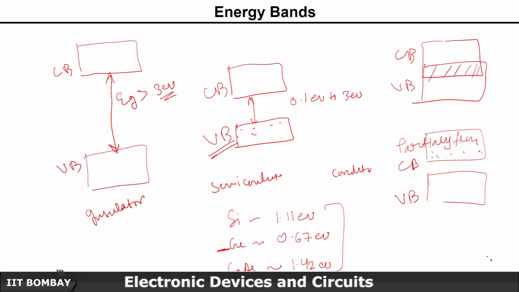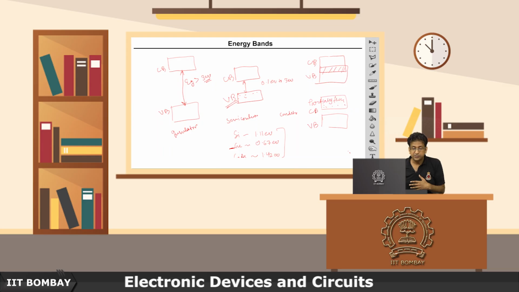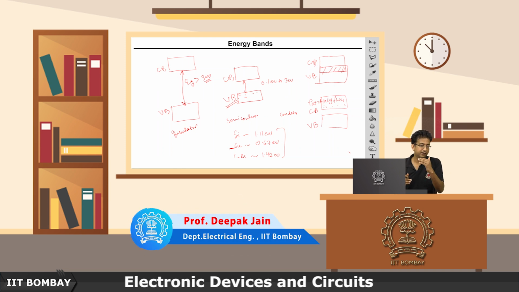Then we also talked about the lattice structures, basically unit cells, and how the lattice formation happens from the unit cells. We talked about the crystal structure of silicon, germanium, gallium arsenide. We talked about the Miller indices because the property depends on the crystal orientation, the direction and the plane orientation. And then we talked about the energy band formation, how it happens, the valence band, conduction band, band gap.